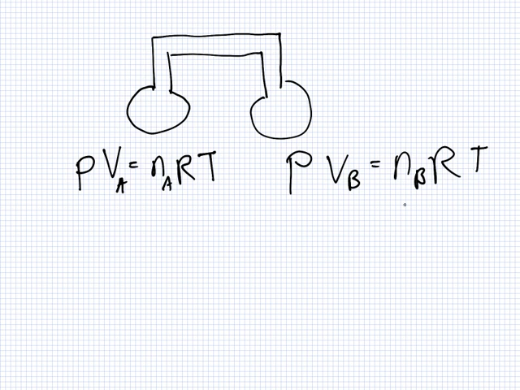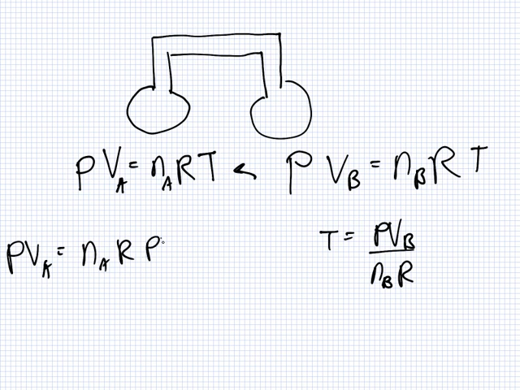I wonder what would happen if I got the T from here and put it into that formula to replace the T. So if I have T equals PVB over nBR, then I get PVA equals nA R times PVB over nBR. But the P's cancel as well, and I want the P.